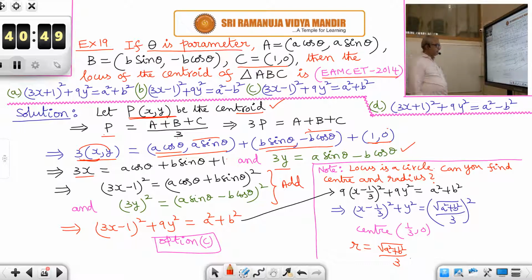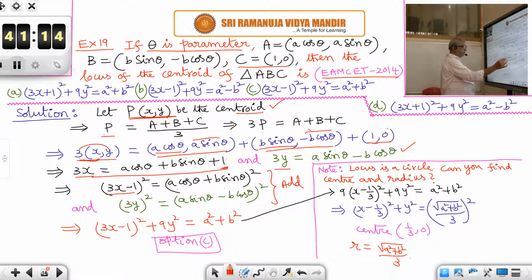So in the first equation here, take this 1 to the left side and square it. 3x minus 1 whole square is equal to (a cos theta plus b sin theta) whole square. Please remember that our aim is to eliminate theta. Whatever parameter or variable is there, if you eliminate that, then only you get the locus of the point (x, y).